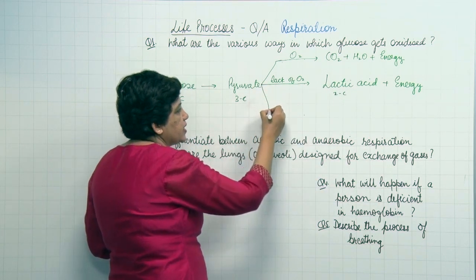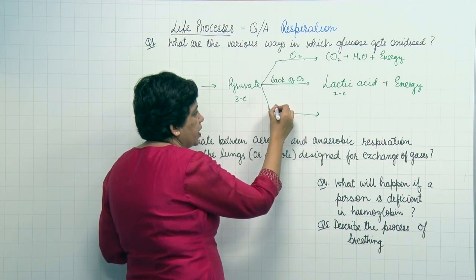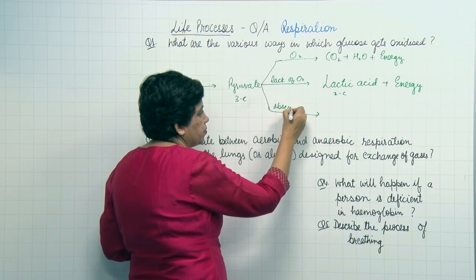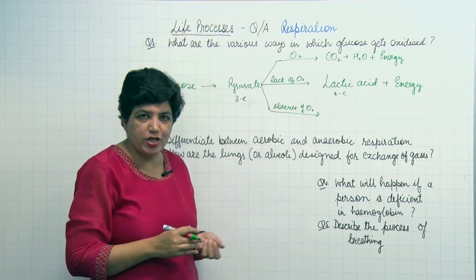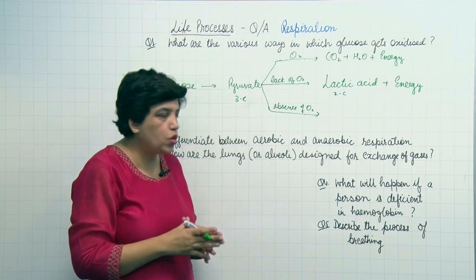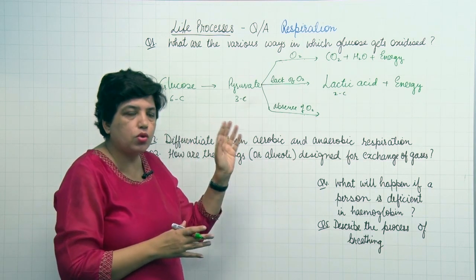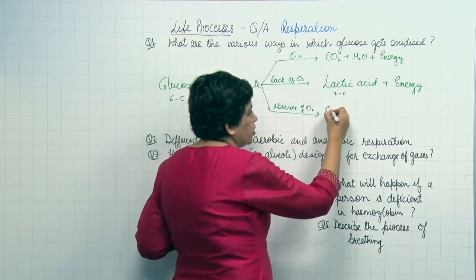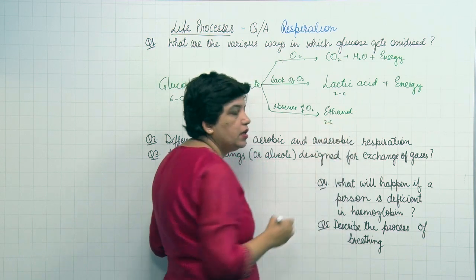The third case can be, for example, in yeast, where there is an absence of oxygen. So in yeast, anaerobic respiration takes place when there is no oxygen. They break down the glucose into ethanol, which is again a 2-carbon compound.